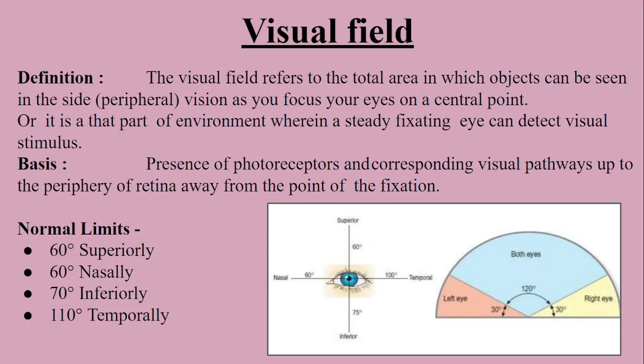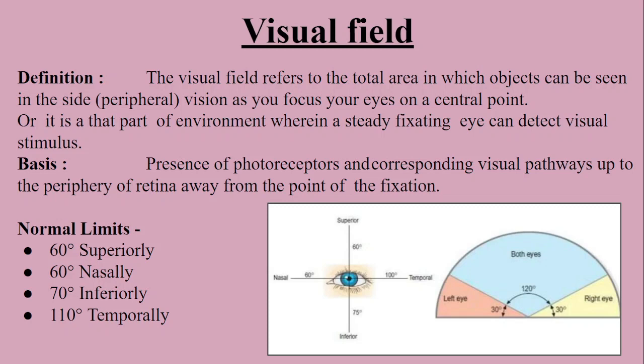The patient then presses a button or indicates when they see each light. The information is then analyzed by computer to create a map of the patient's visual field.